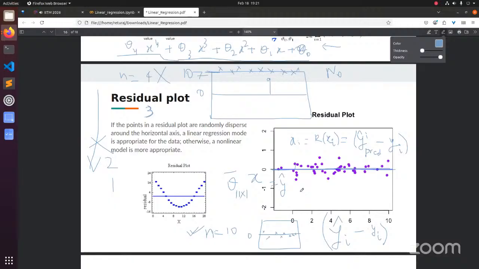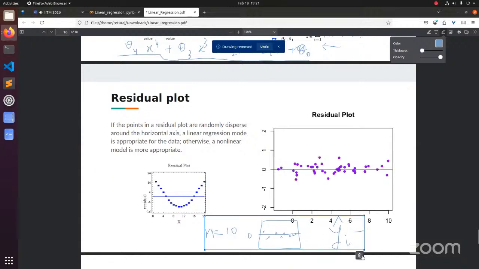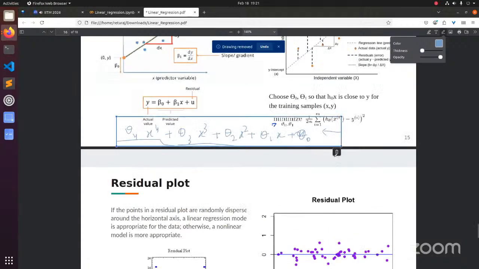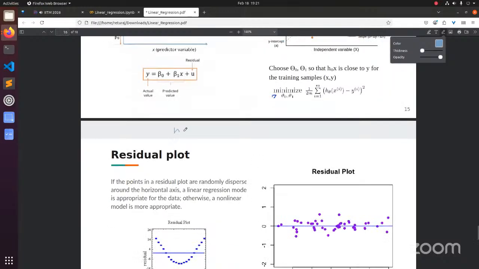Okay, now I will ask another question. Let's delete everything. Remember that n equal to 10, degree 10, explains the dataset properly. Will n equal to 9 also explain the dataset?